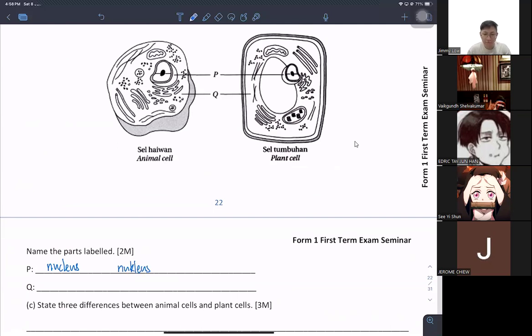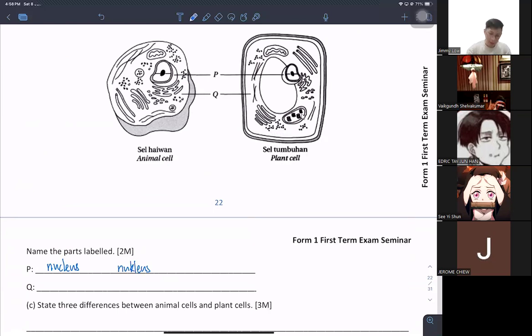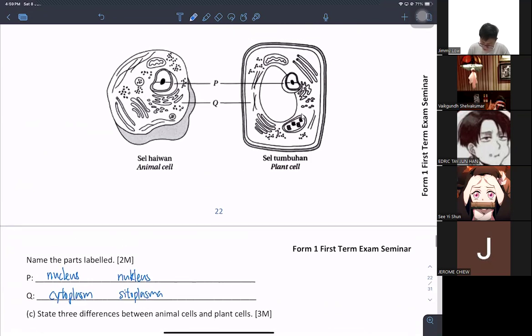I write slightly further a bit for the BM version because I'm so lazy to change the name already. Yes, very good. The second one would be the cytoplasm. BM is what is so-called sitoplasma. So that's why I asked you guys to know their name, know their structure. What is this? What about this thing?